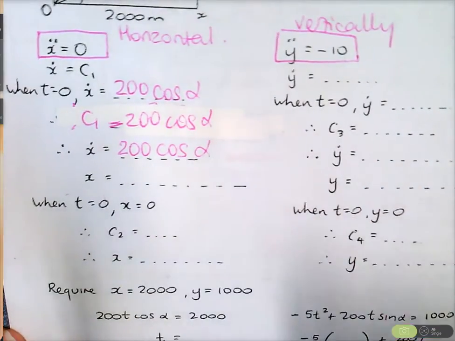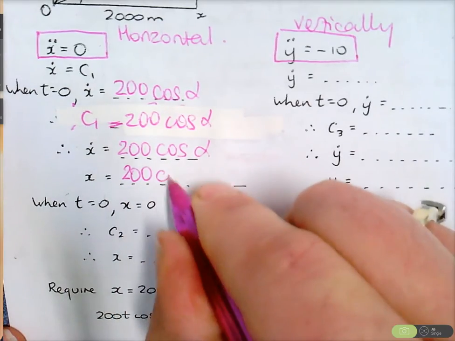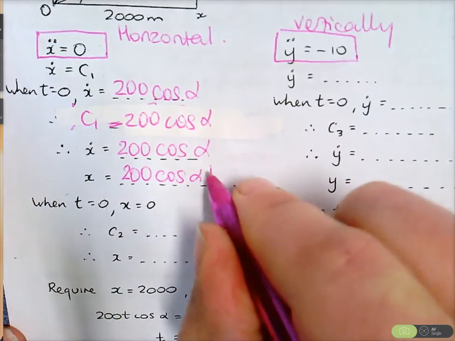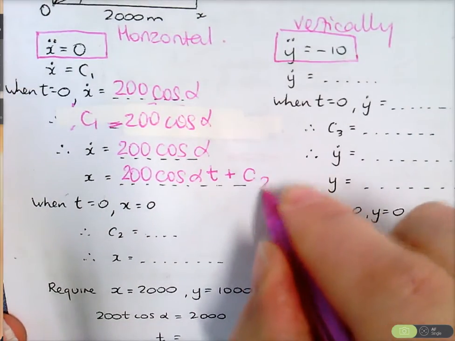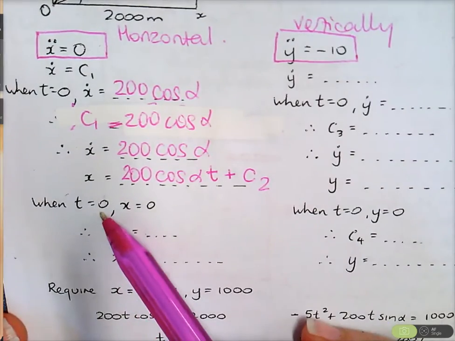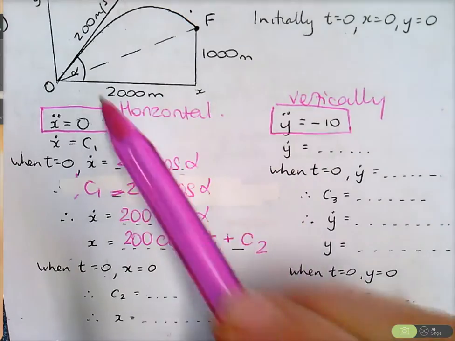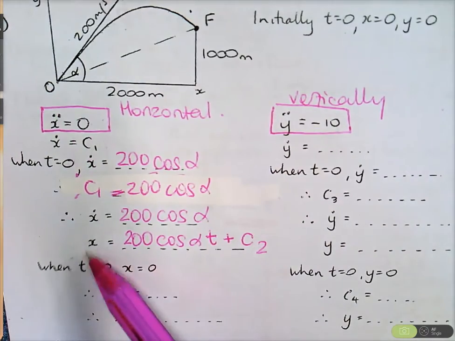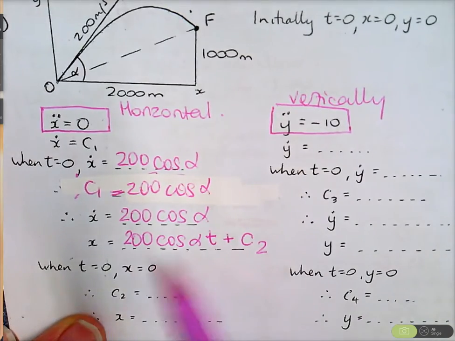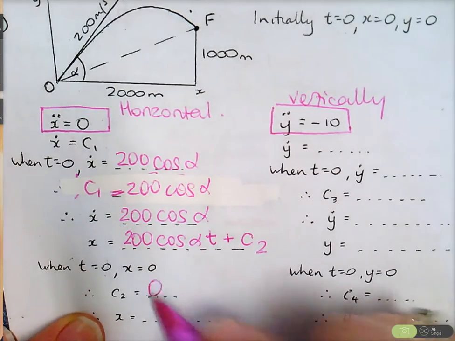X is the integral of that, which is what? 200 cos alpha t, girls, because we're integrating with respect to t, plus C2. When t is 0, initial position, where are we? When t is 0, x is 0, so therefore C2 is 0.